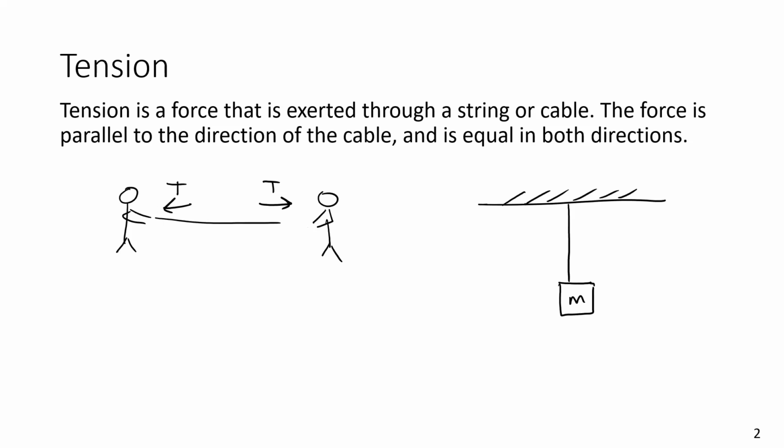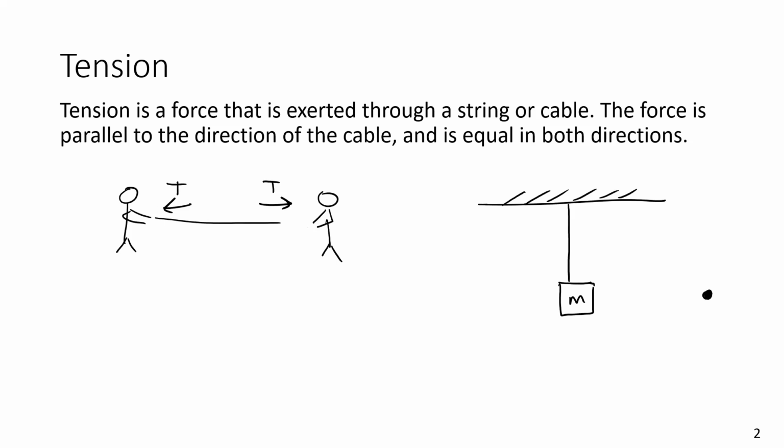Okay, so how do I actually draw tension on a free body diagram? Free body diagrams show where the forces are pointing. And tension goes in the direction of the rope or string. So in this instance, the free body diagram will look like this. Almost identical to all other cases.